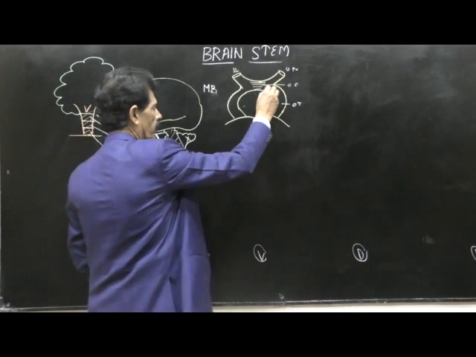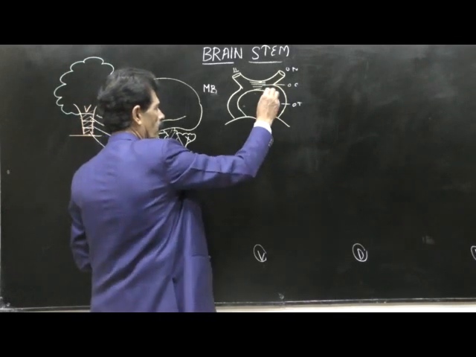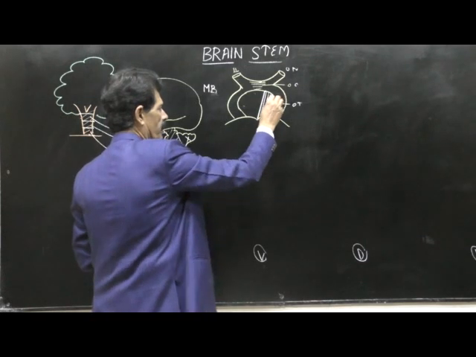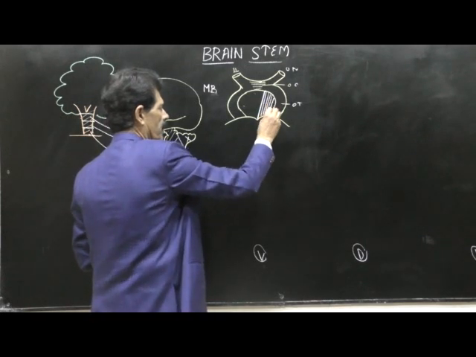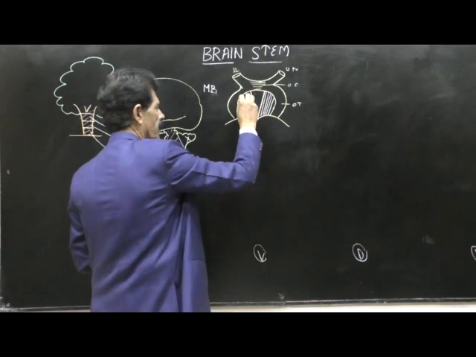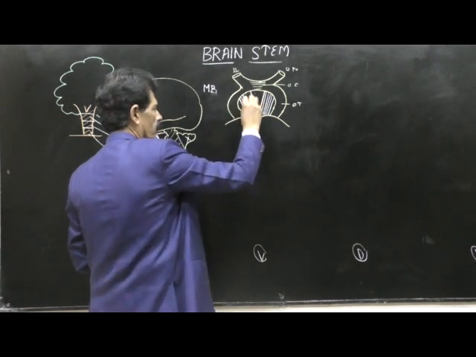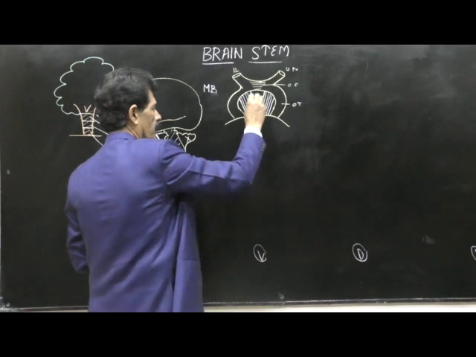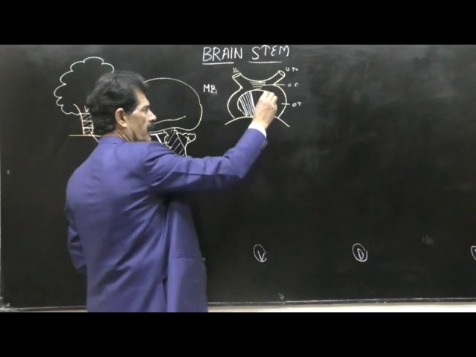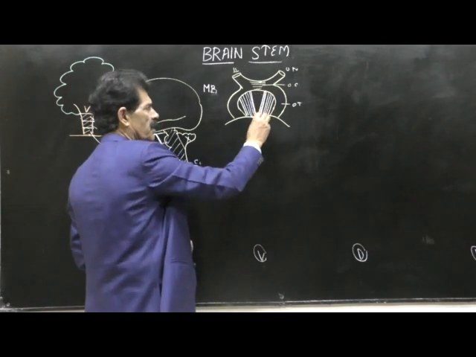Here we see two crus cerebri, two bundles of projection fibers of the cerebrum. They are coming from the cerebrum and going into the pons. This is the medial border of the crus cerebri, this is the lateral border. The crus cerebri is divided into 6 parts.